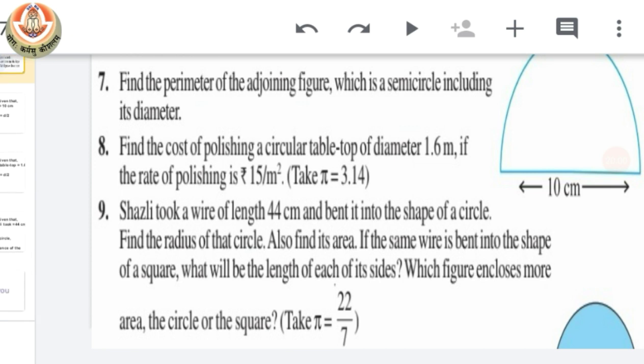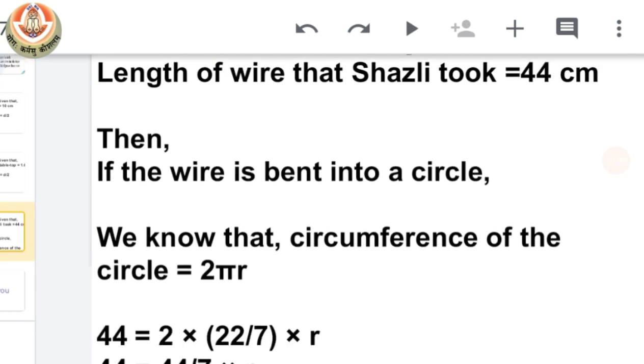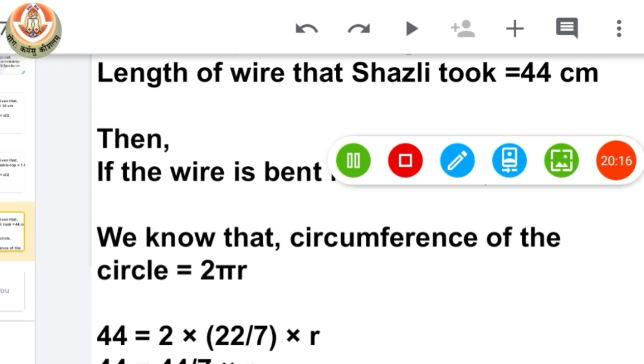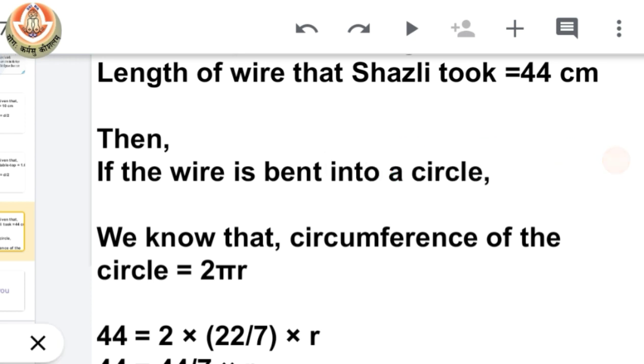First we have to find the radius of this circle whose circumference is given as 44 centimeter. So length of the wire is 44 centimeter and it is bent in shape of circle. That means the circumference of the circle is 44 centimeter.